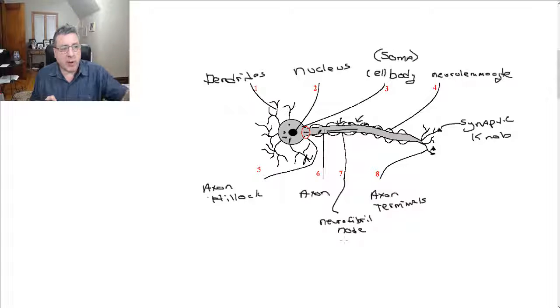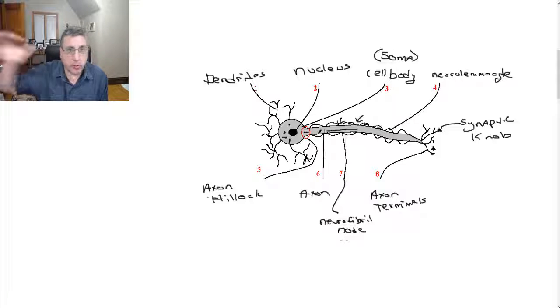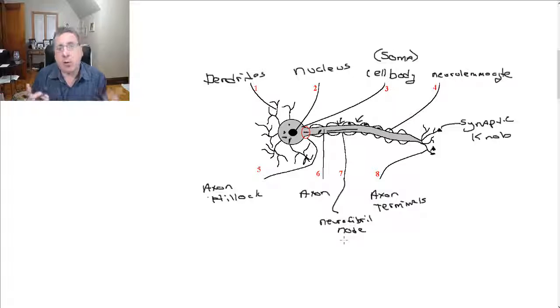So from a dendrite to the cell body leading to the axon hillock, that electrical charge is going to be called a graded potential. From the axon hillock out, down the axon, it's going to be called an action potential. There are some differences between those two. So axon hillock to the axon, from the axon to the axon terminals, and then to the synaptic knob.